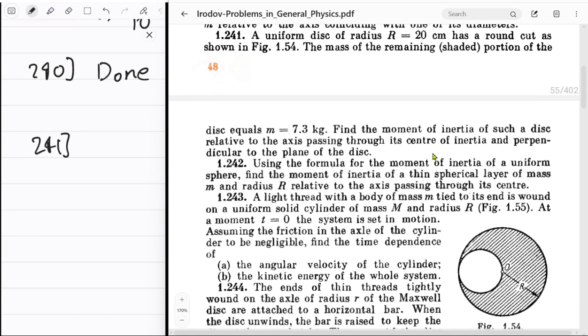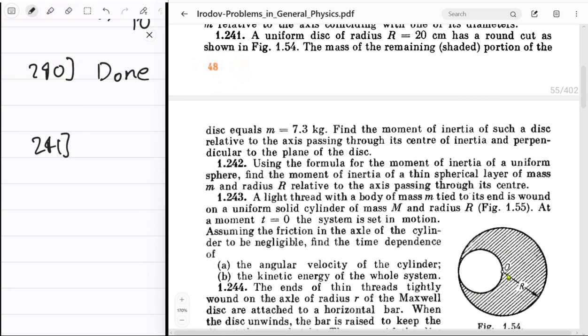So, oh, this is bad. Center of inertia and perpendicular. But now the disk is not symmetric. This is bad. Yeah, you will have to figure out the center of mass in that case. Oh, I don't want to do this thing.